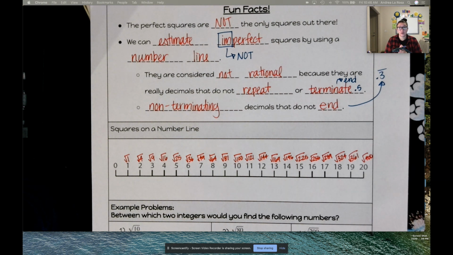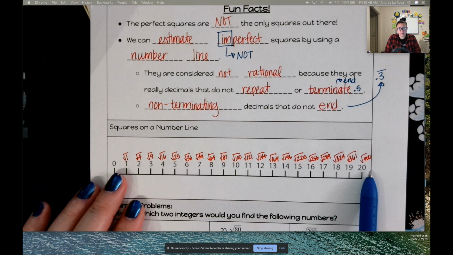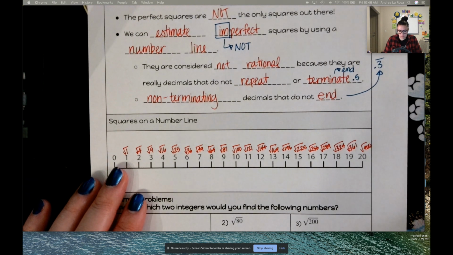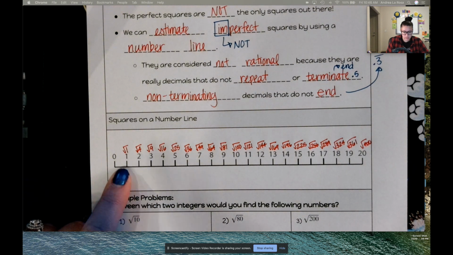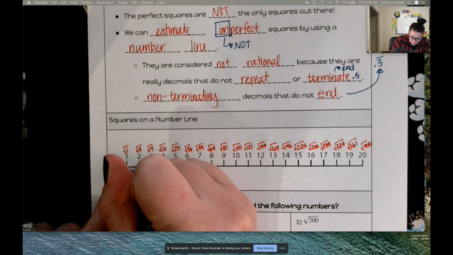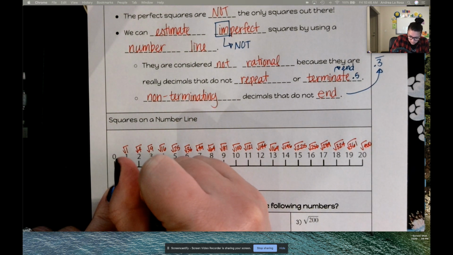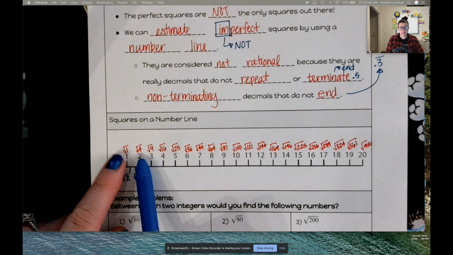Okay, so now that we have all of our perfect squares on there, we can talk about some imperfect squares. Where might some other ones go? I know that 1 is the square root of 1. I know 2 is the square root of 4. So that means somewhere in there, I'm going to have the square root of 2 and the square root of 3, because 2 and 3 are in between 1 and 4.